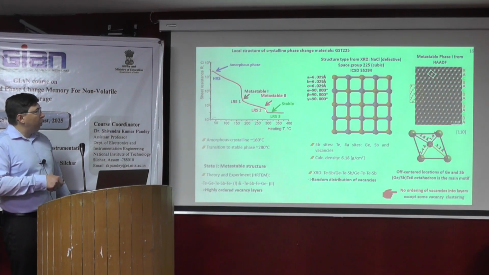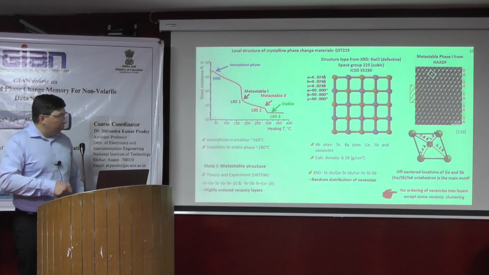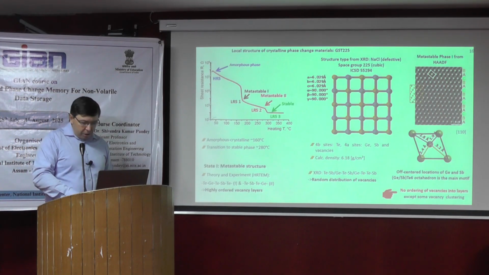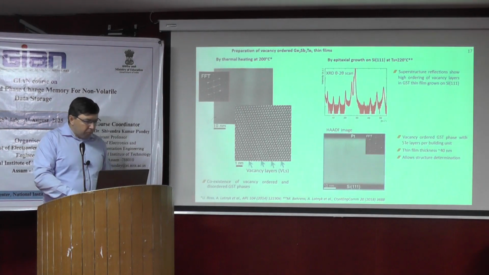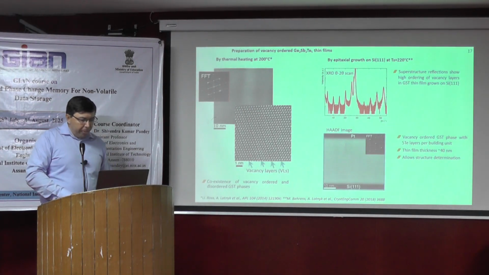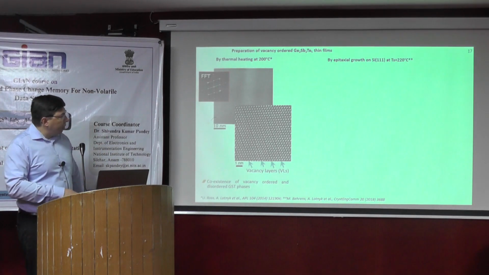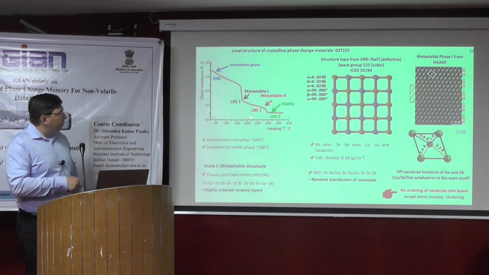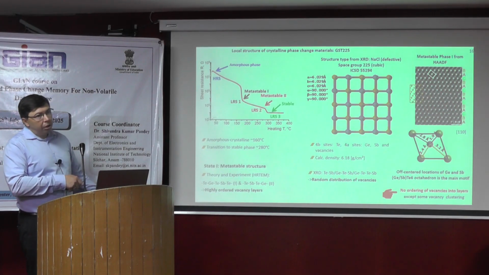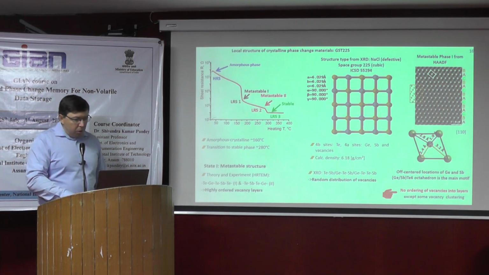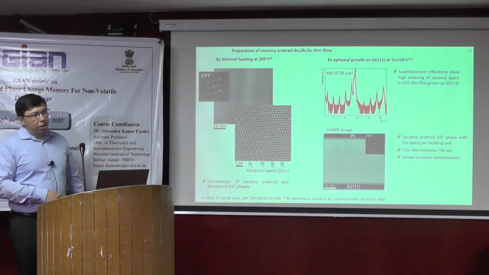Can we find maybe other structures, and can we see ordering of vacancies into layers? Yes, it's possible if you simply take the thin film and heat it up to a temperature of 200 centigrade. Here you see this state, it has a different resistance state, and so it also has a different crystal structure.